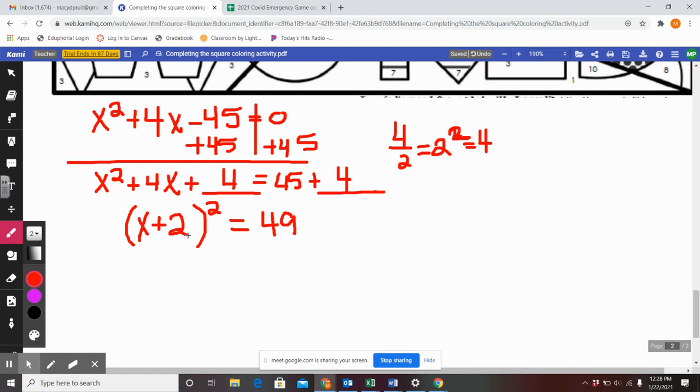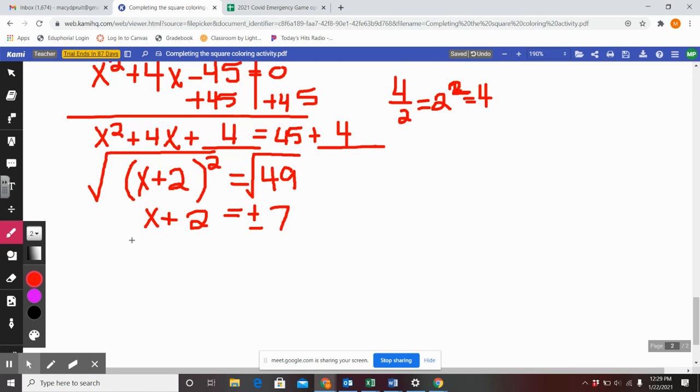From here, we do the square root step. And we're going to set this up to plus or minus, okay? So when I do the square root, it gets rid of the little 2. It leaves me with x plus 2. What's the square root of 49? 7.